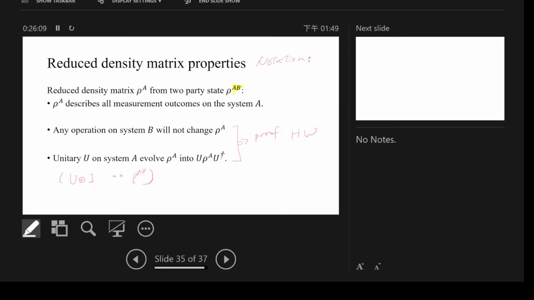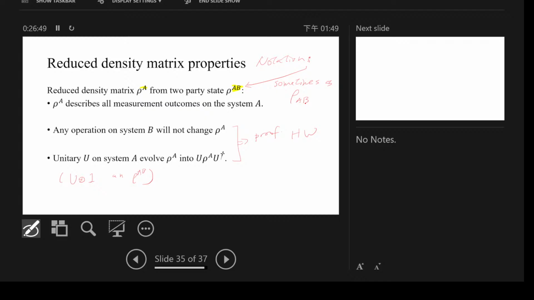If the state is on register AB, then we have this superscript AB, and you see we have this superscript A here. Sometimes people will do different things, and label their subsystem as a subscript. But we'll try to be consistent throughout the course and have the subsystem as a superscript, though I will not be 100% sure. So sometimes you will see people write rho AB like this, and it's fine.